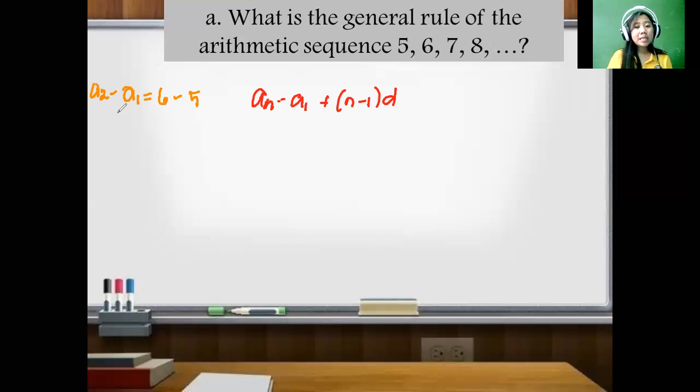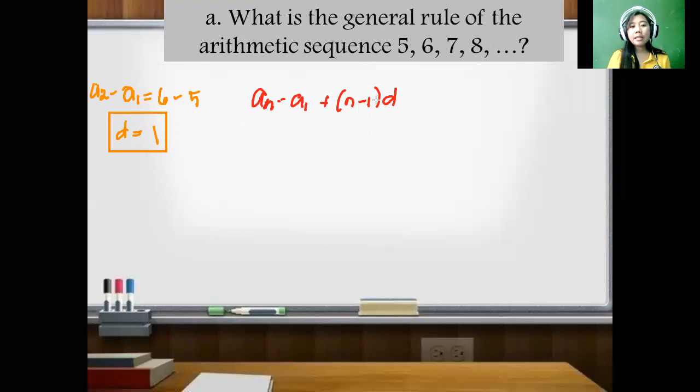So papalitan na po natin si a sub 2 minus a sub 1 ng d, as we determine this as the common difference of the sequence. Okay, 6 minus 5 is equal to 1. So, yan na po ang common difference po ng ating sequence. Naiintindihan po?